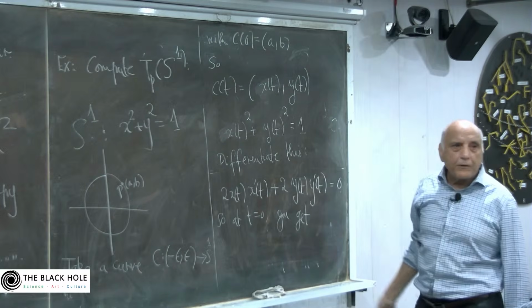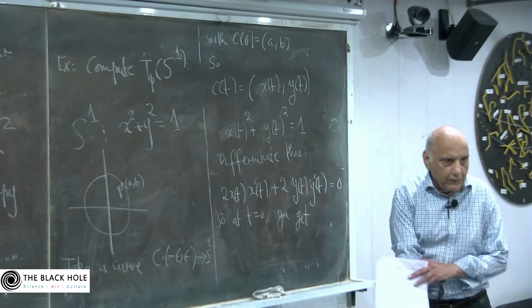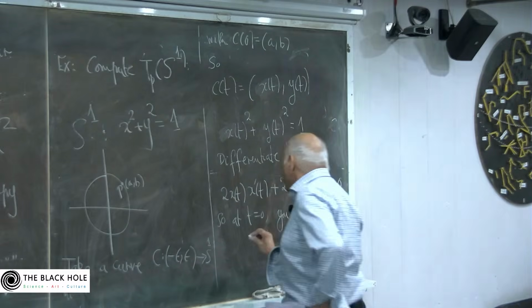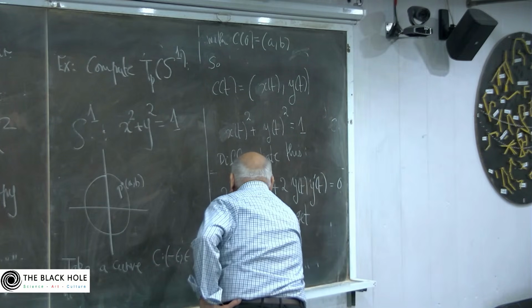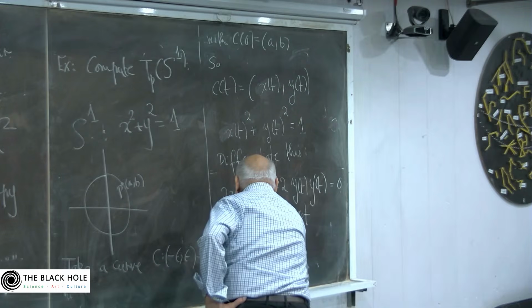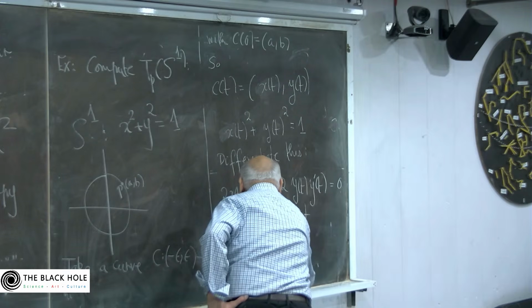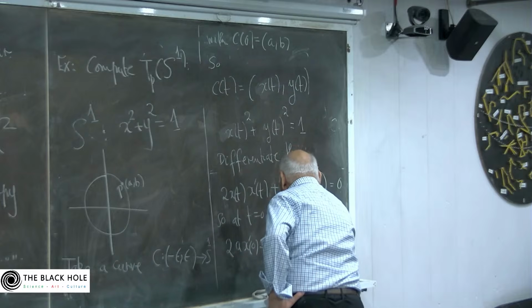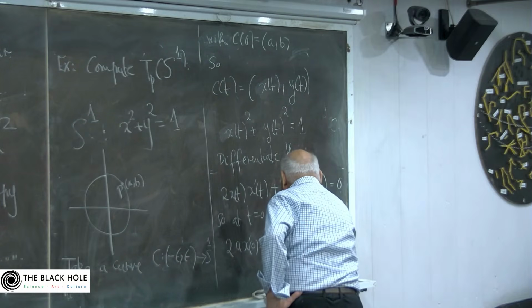Of course a squared plus b squared is 1, right? So you get 2a times x'(0) plus 2b times y'(0).